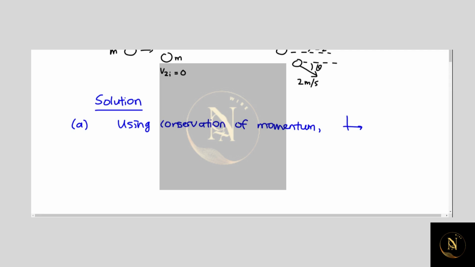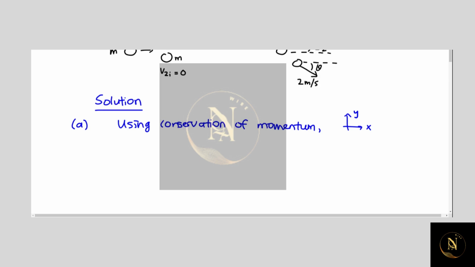This is a conservation of momentum problem, so we'll be using the conservation law to write down two equations. This is our coordinate system: going right is positive, and going up is positive.